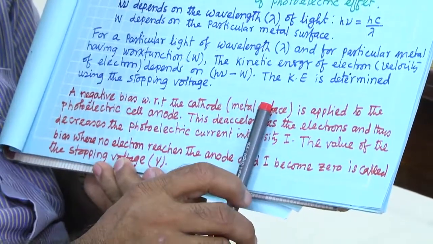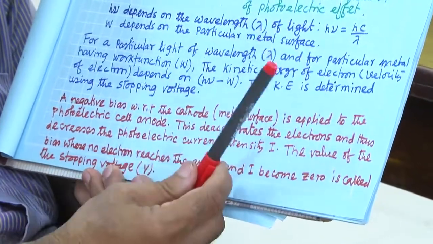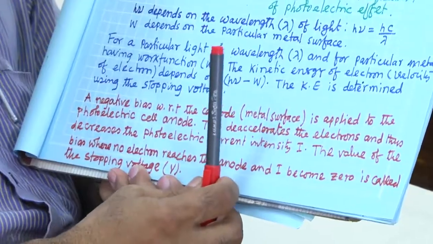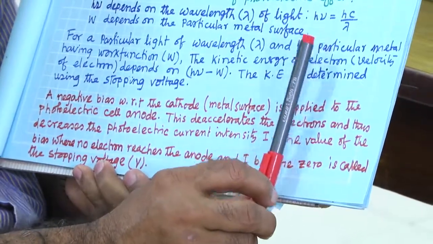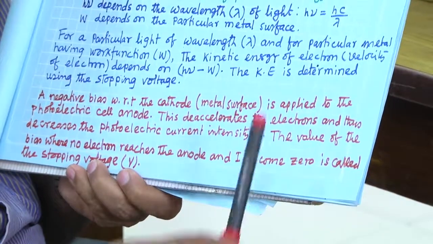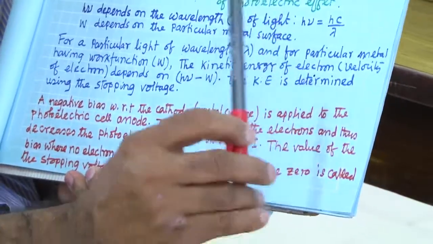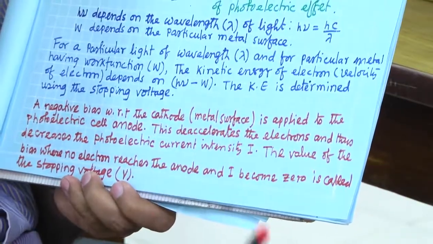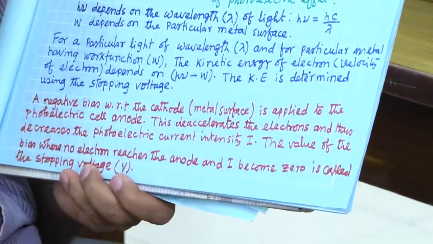Now, if we want to measure that kinetic energy, what we can do is apply a negative voltage to the anode. Then the electron will be decelerated; it will feel repulsion.